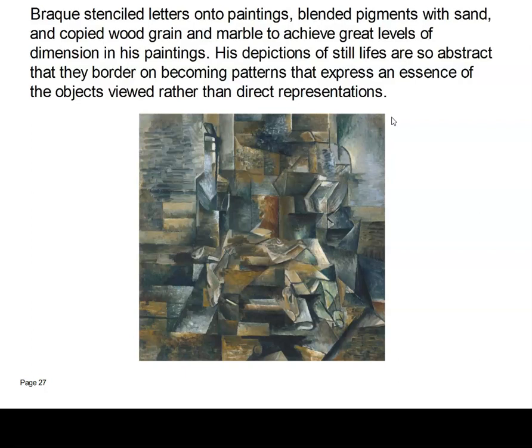His depictions of still lifes are so abstract that they border on becoming patterns that express an essence of an object rather than the actual representation of an object. So here we can see a still life, and again, there's more patterns, more shapes, more edges, and there's an expression of the essence of an object, but we can't really tell what the object is.